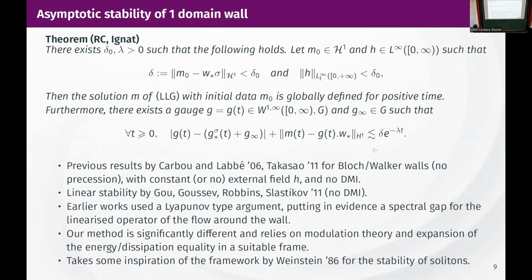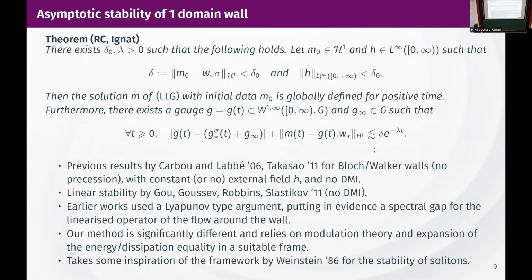Then the solution is global. And actually, the magnetization converges, up to a gauge, exponentially fast to the domain wall. And the gauge G is limited. Up to a fixed gauge, it converges also exponentially to the gauge given by the precession of the pure domain wall.